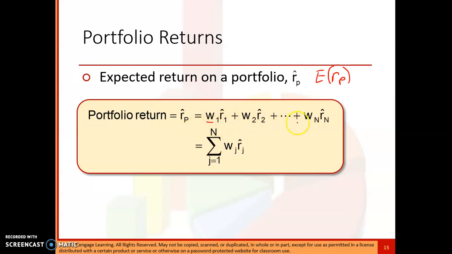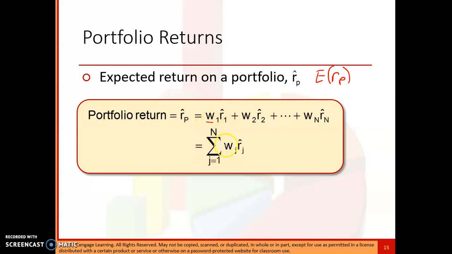So we have any number of securities, and we take the weight. The weight is determined by the market value of that investment. Again, there are homework problems where you are given values of investments. So the weight is the percentage of that investment as a portion of the total portfolio value.